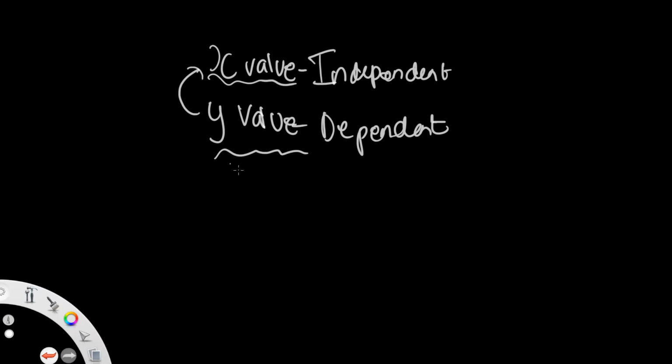So y is equal to x times something, x divided by something, x plus something, or x minus something.